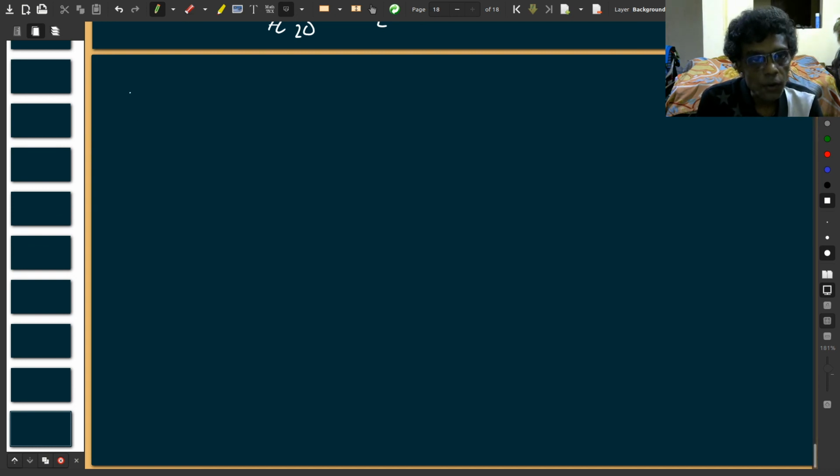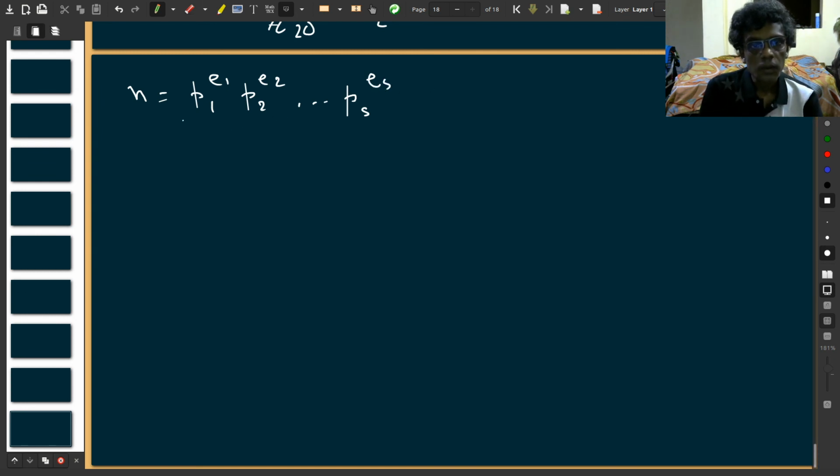Suppose n is p1 power e1, p2 power e2, up to ps power es. So p1, p2, p3 up to ps are all the distinct prime factors of n, and each exponent can be any positive integer.